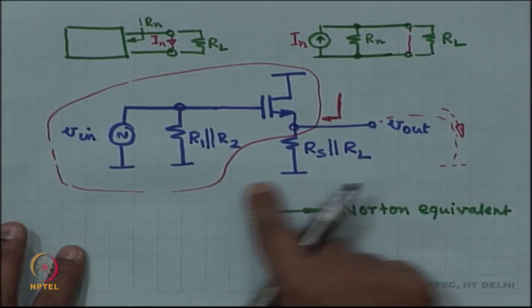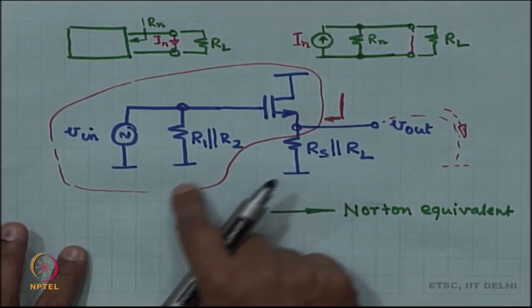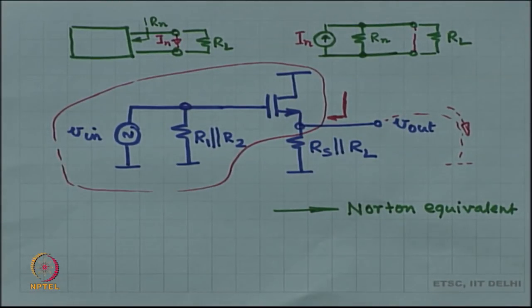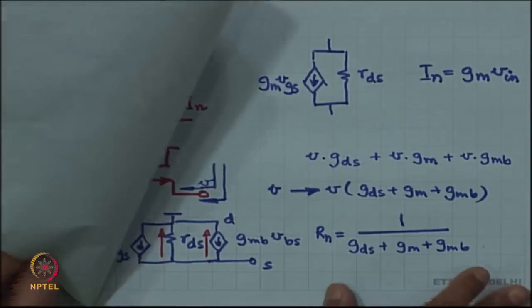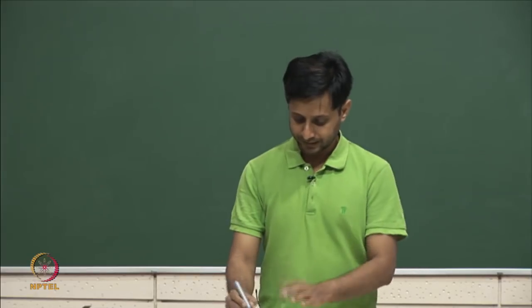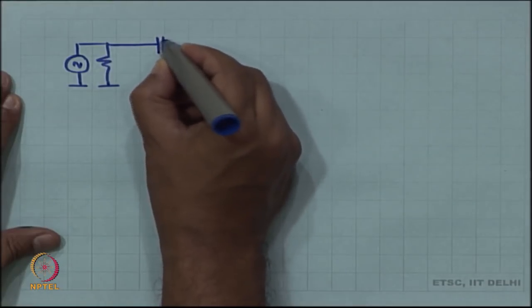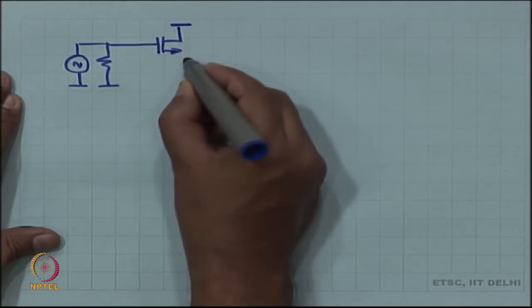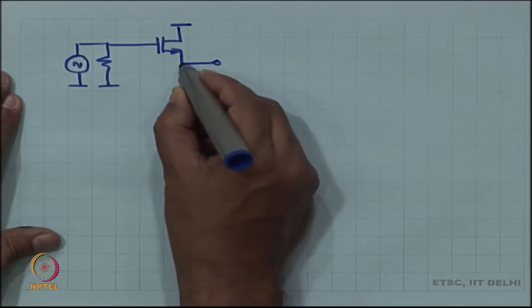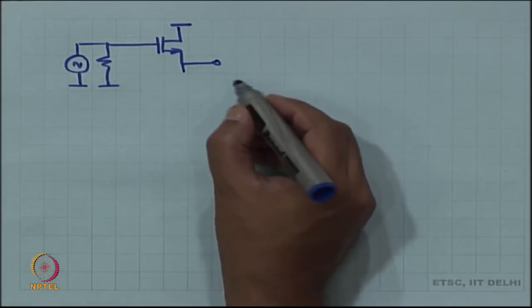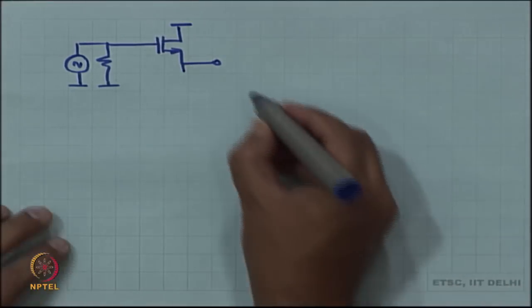Now, what this means is that this entire circuit, this entire dashed area, this red area, can be modeled as, so let me redraw. This is what we are trying to model.